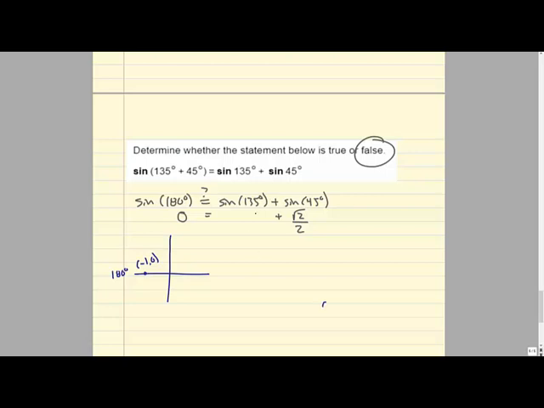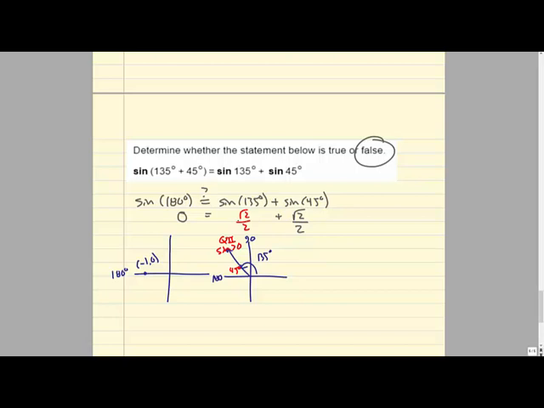The sine of 135, so here's 180, here's 90, here's 135 degrees. The reference angle for that is 180 minus 135, in this case 45 degrees. And the sine is positive in quadrant 2. So this is the square root of 2 over 2.